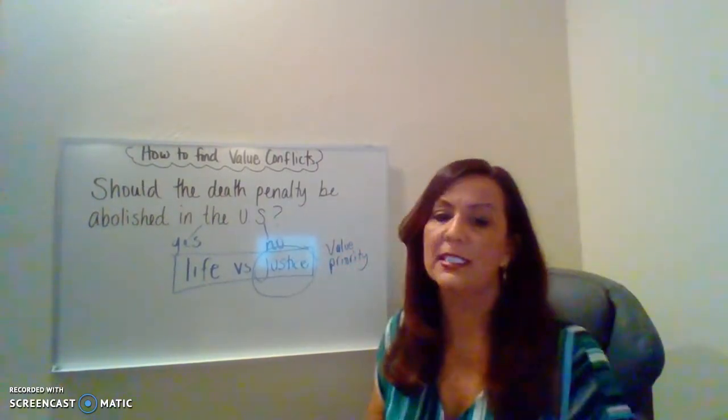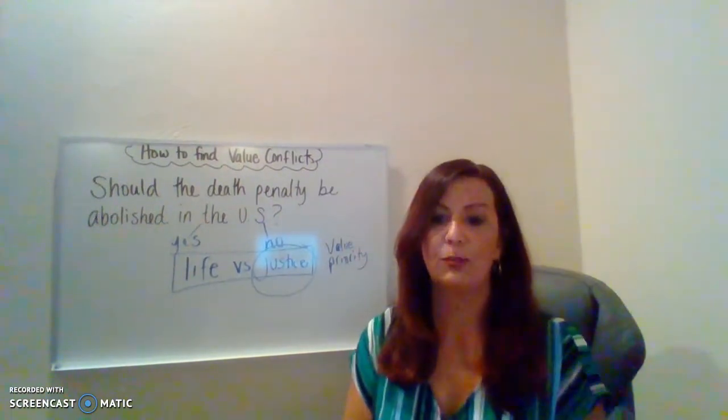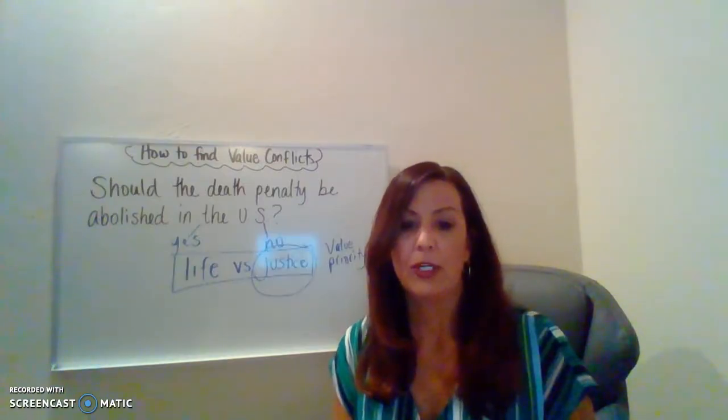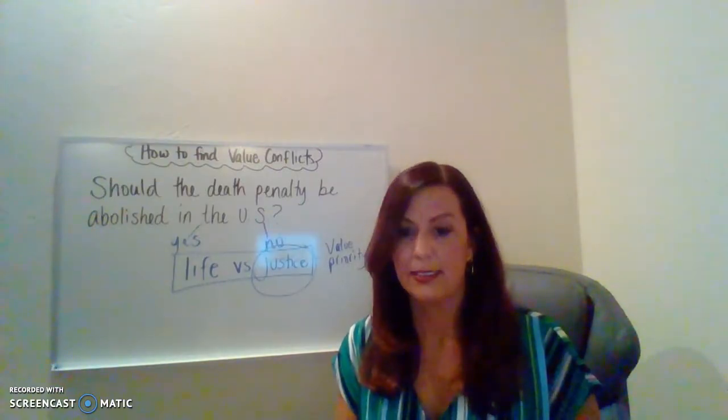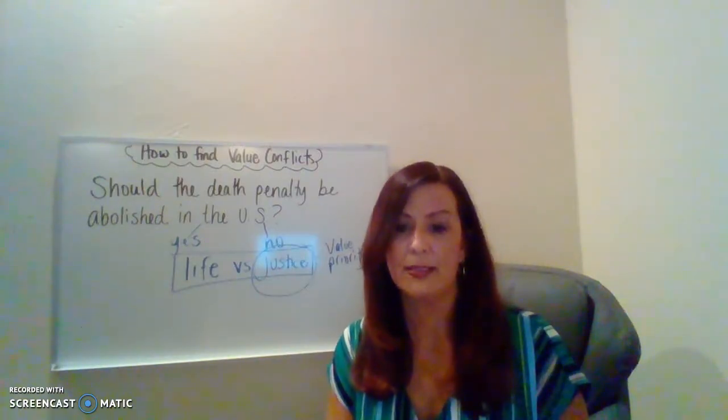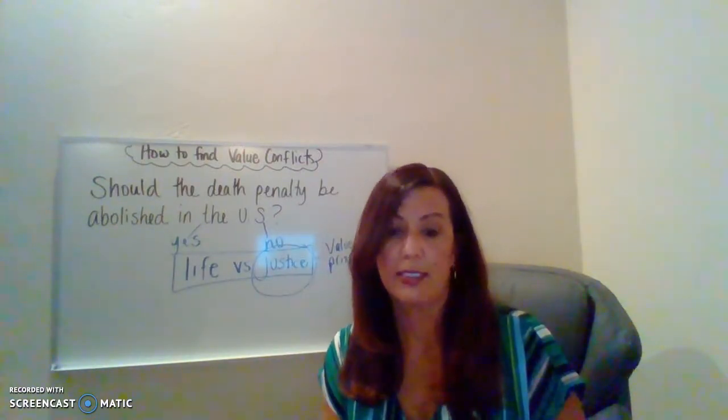And so in your textbook, they refer to it as value prioritization. It's the same thing. The value priority is the value that society has decided is the one that they're going to base the rule or the policy on.